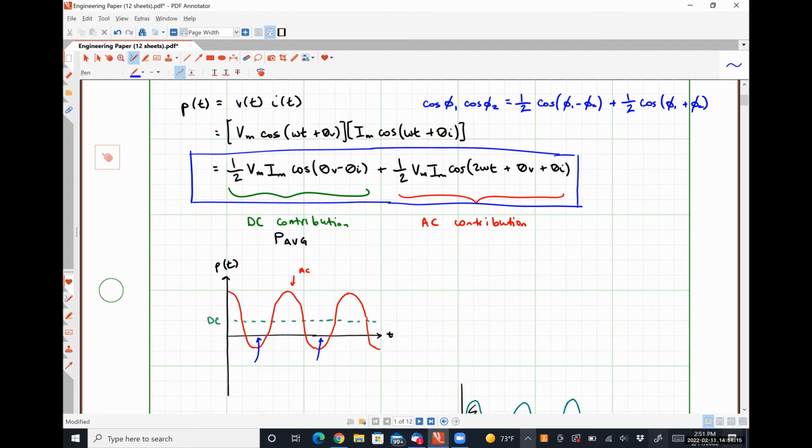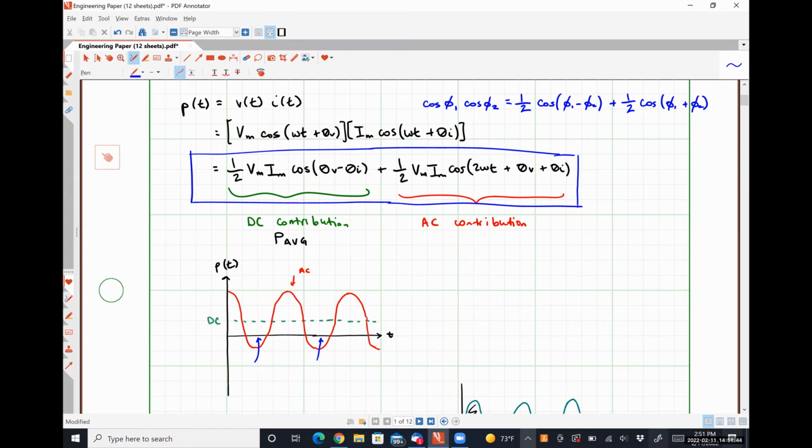So what that means is that we can analyze our circuits in the frequency domain and then just take the bits out that we need and plug them into this equation, and we'll get the exact same result as if we had worked everything in the time domain. So we still get to use our, arguably, simple steady state sinusoidal analysis techniques, even though we are working with time domain quantities, okay?